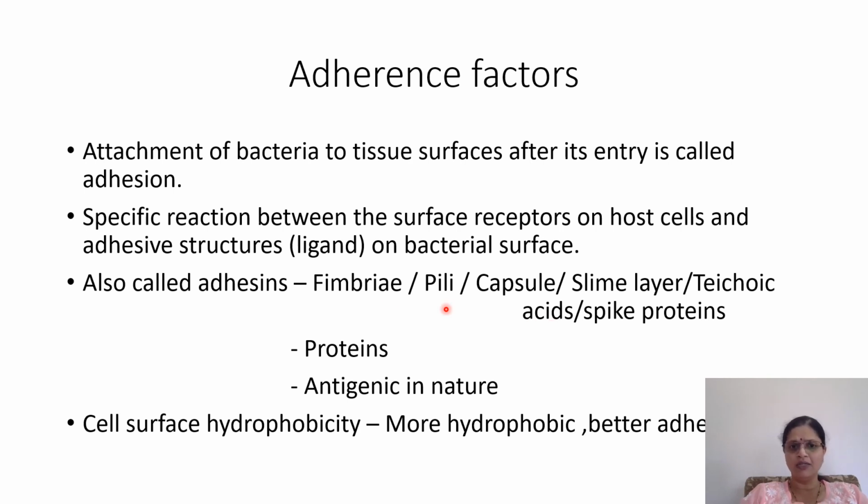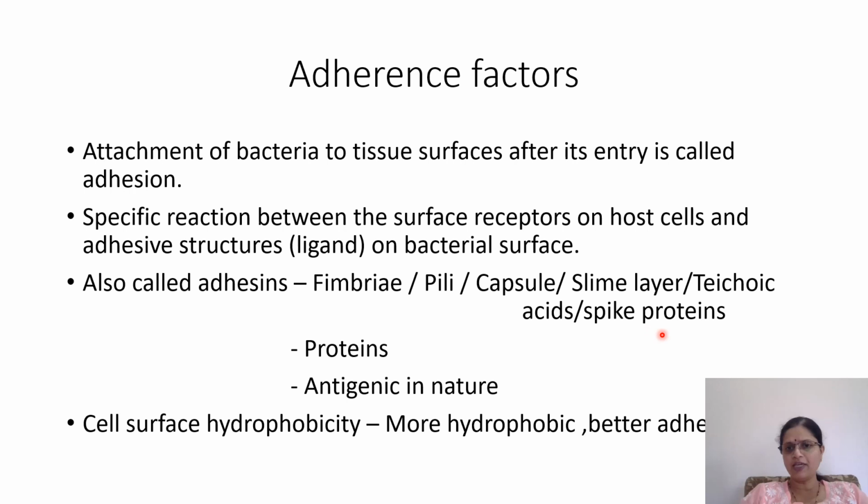The fimbriae, and then pili, capsule, the outermost slimy layer that you will find in some of the bacterial cells, mainly the pathogenic ones, and then slime layer, glycocalyx layer, or teichoic acid, the cell wall component present in the bacterial cell wall. All these are external cell structures of a bacterial cell, and one or two of them will be responsible for binding on the surface of the host cell.